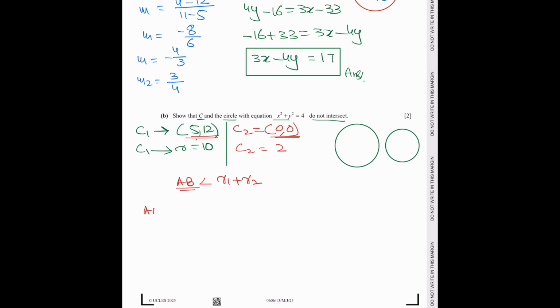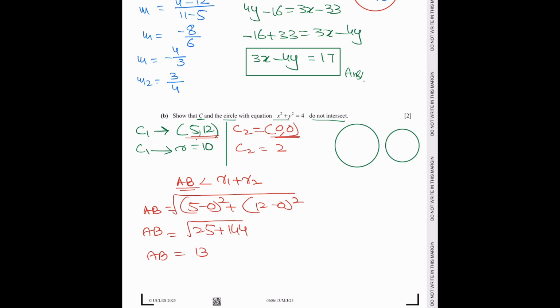So the distance is square root of 5 minus 0 square plus 12 minus 0 square. So it is 25 plus 144, 169, and the square root is 13.